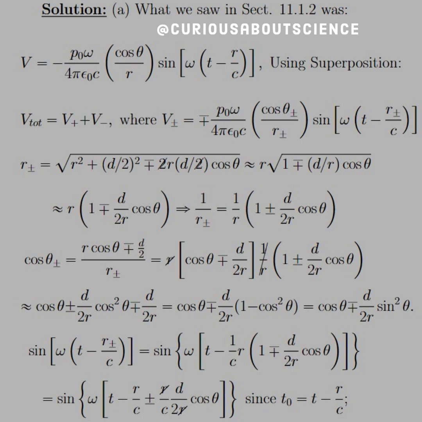And what we see is that we get an r squared, a d over 2 squared, plus the cross terms. The problem with this is that, again, we only want what's in the first order, right? So if that's the case, then the d over 2 squared doesn't give us that first order that we're actually looking for. So we just approximate it down. And that's where we get 1 plus d over r cosine theta after we factor an r out.